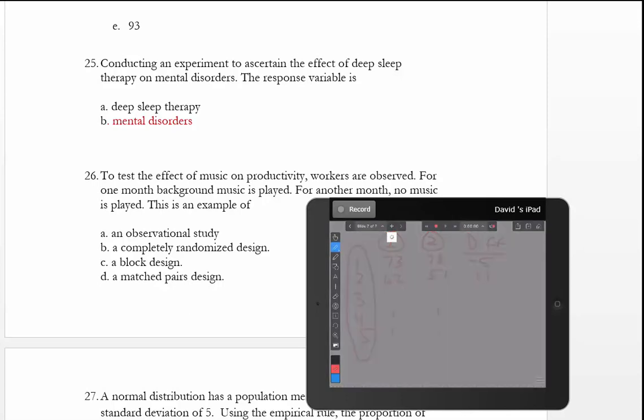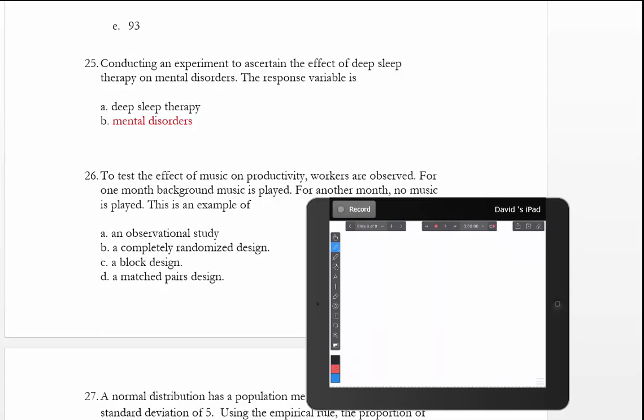The other possibility would be that we have a random sample of workers that we randomly selected some workers here. Let's say worker 1, 2, 3, 4, 5 in the first month, and then in the second month we had a different set of workers.